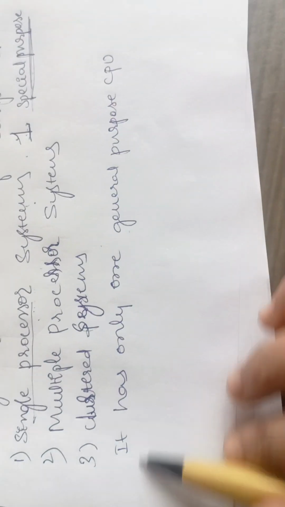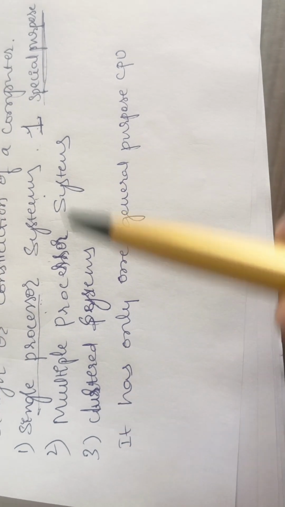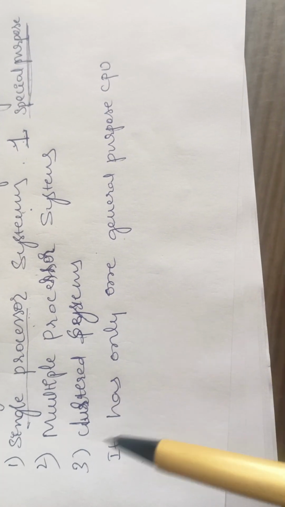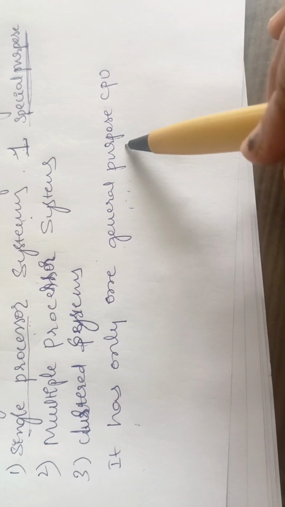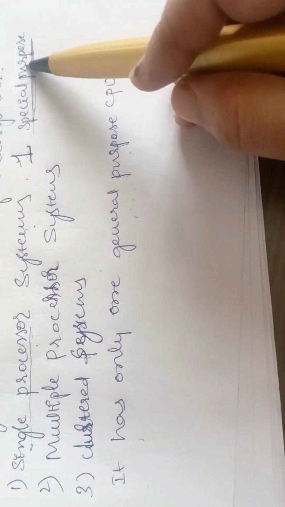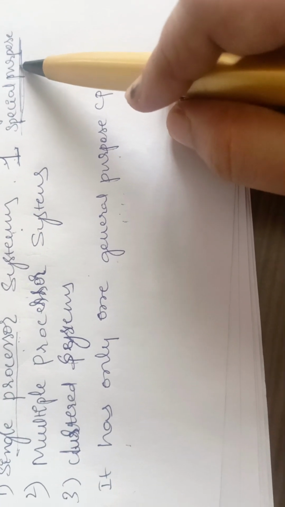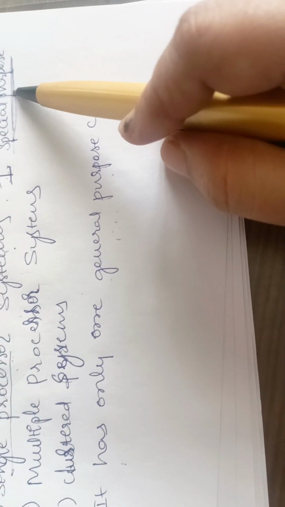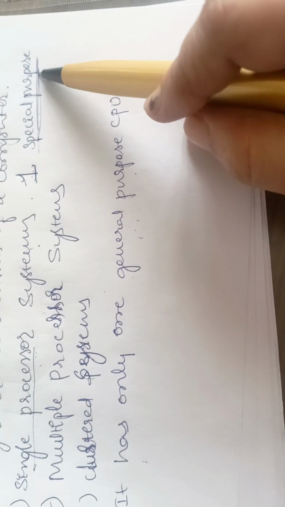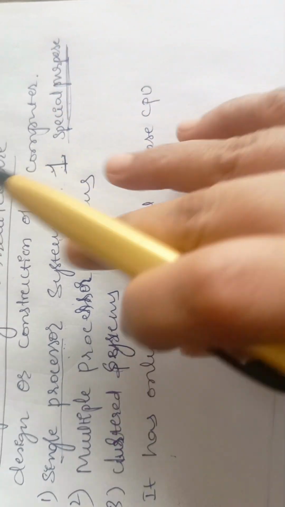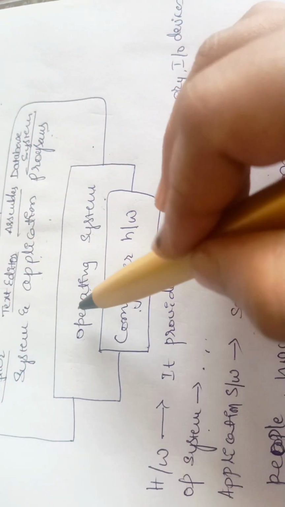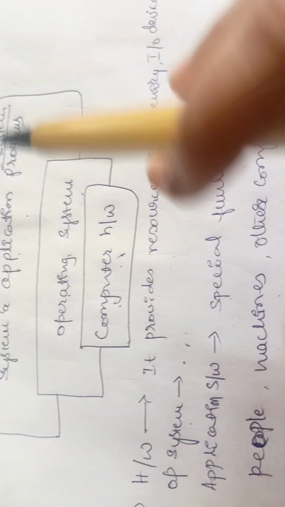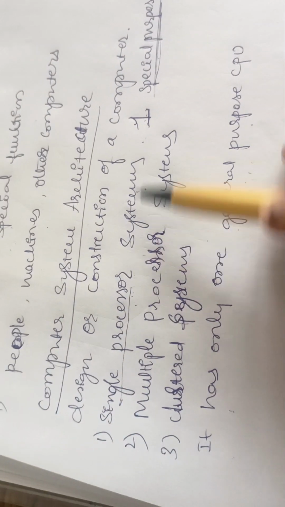All the activities in the computer system will be done by this single processor. With this general purpose processor, we also have a special purpose processor, like an input output processor, which moves data among the various components of a system rapidly. I think you have got my point, right? What is a single processor system?